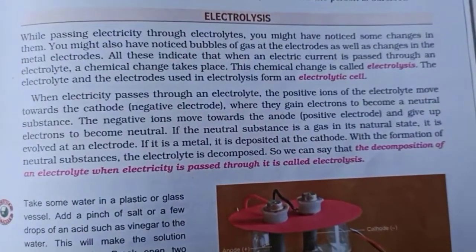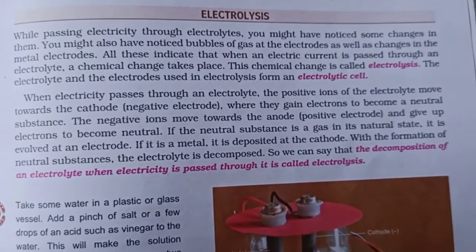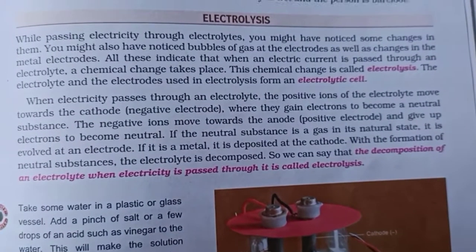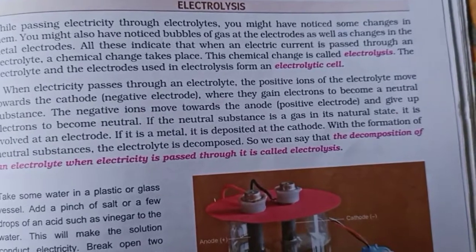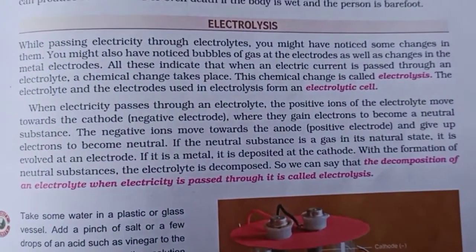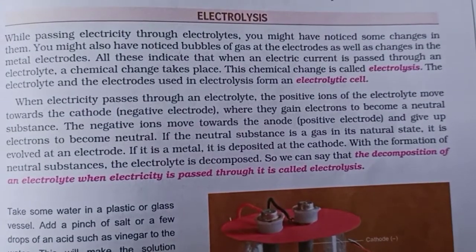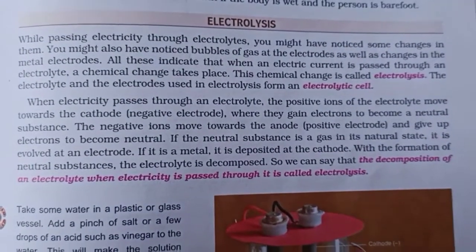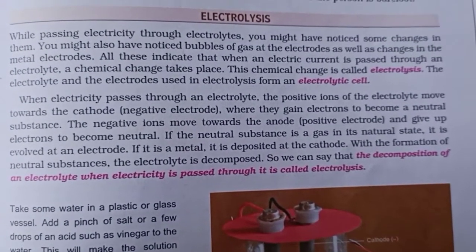In the earlier part, video number part 2, we had seen how electricity was passed through sodium chloride solution, and then there was a formation of sodium ion and chloride ion. There are two rods which are hung in the electrolyte.